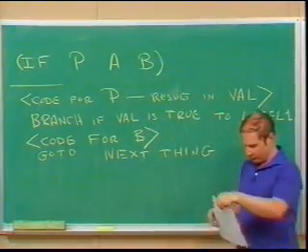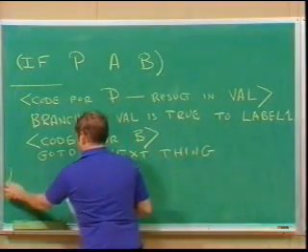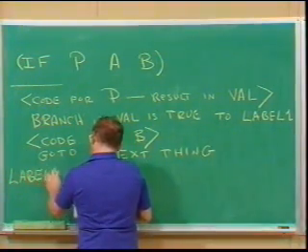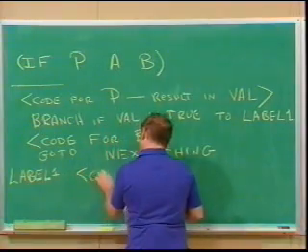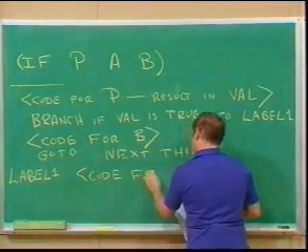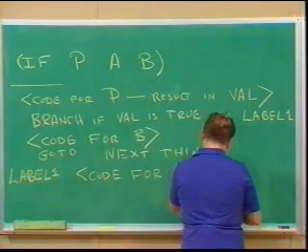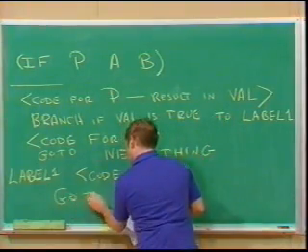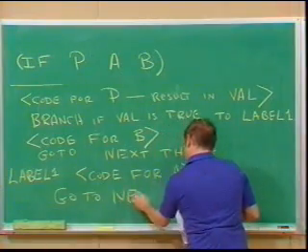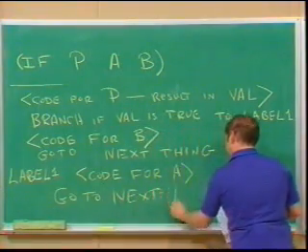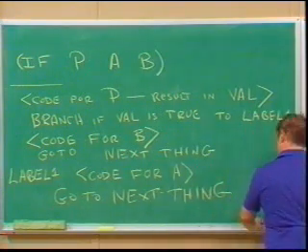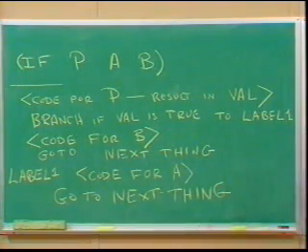You put in that instruction, and here you put label 1, and here you put the code for A. And you put go to next thing. Okay. So that's how you treat a conditional.